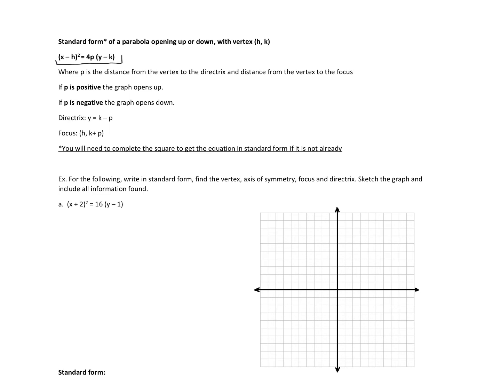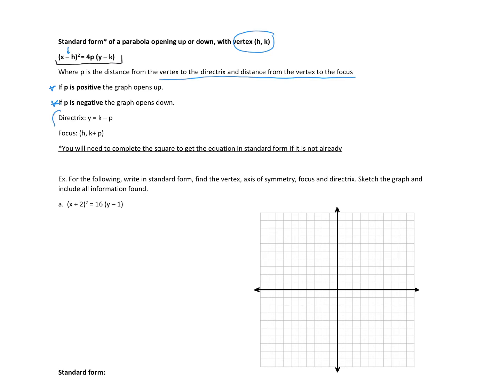So our vertex in this case is going to be h, k. Remember that it's kind of opposite of what you think. You might think it should be a negative, but the negative is part of the formula. P is still the distance from the vertex to the directrix and the vertex to the focus. P positive is still opening up, P negative opening down, and so on.